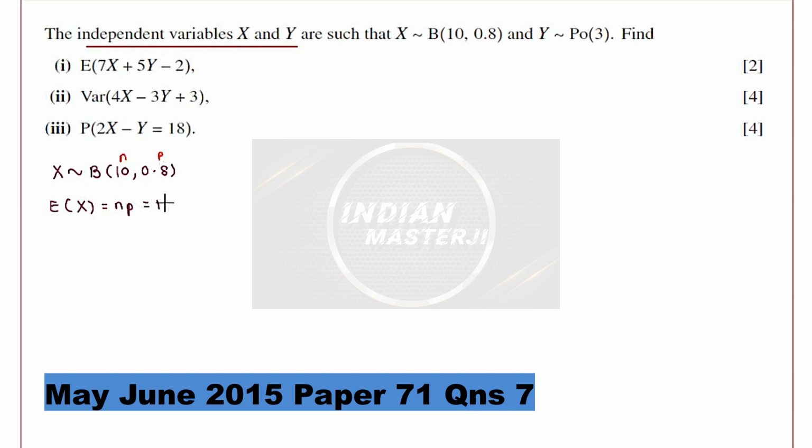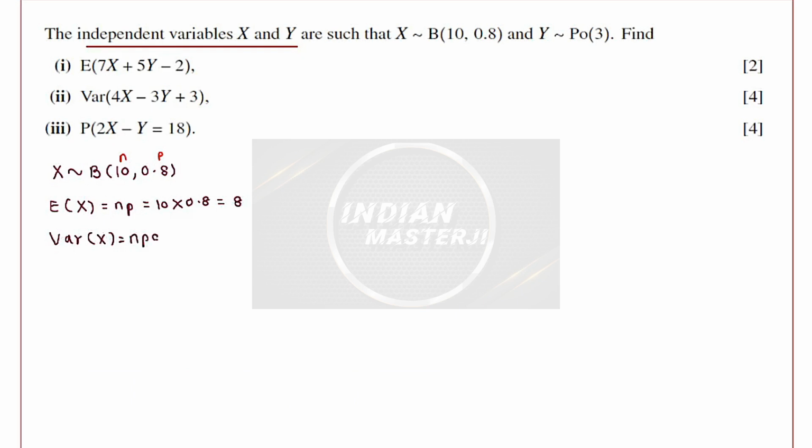So n into p is 10 into 0.8, which will be equal to 8. Now variance of X will be equal to n into p into q. So n is 10, p is 0.8, q will be 1 minus p, that is 0.2. If I solve this, this will be equal to 1.6.